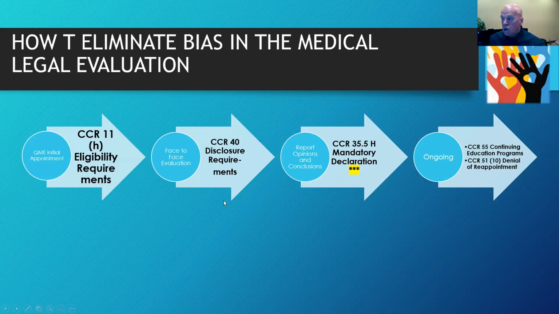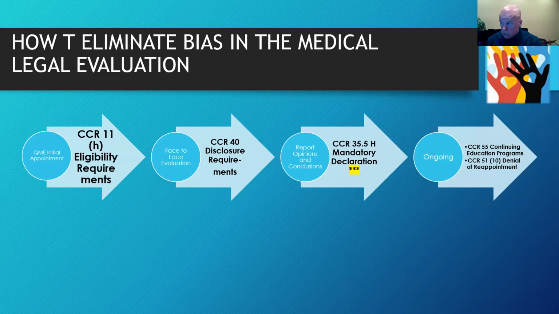In addition to that, along the life cycle of the QME, new proposed CCR 35.5, this is new, probably going to pass January 1st. At the end of every report, you're going to be required to sign a mandatory declaration. The declaration confirms to the parties, by your signature, that no part of your report is in any way influenced by bias, that there's no bias against any of the persons involved in the case, and no bias against the examinee, certainly on the basis of race, gender, sexual orientation, all those things.